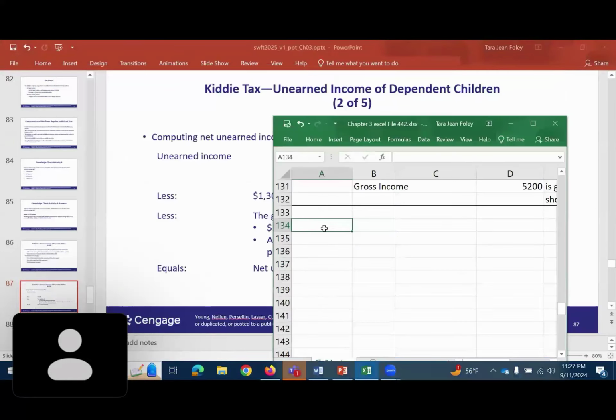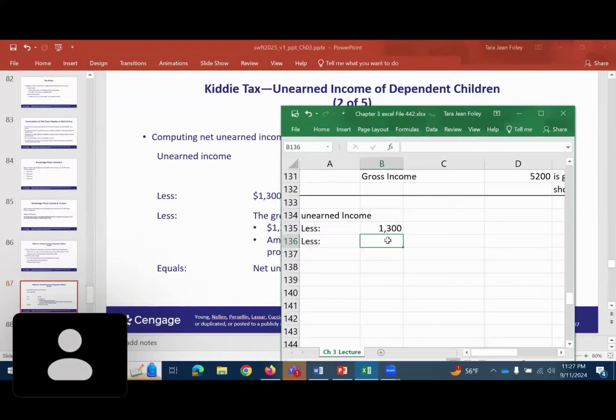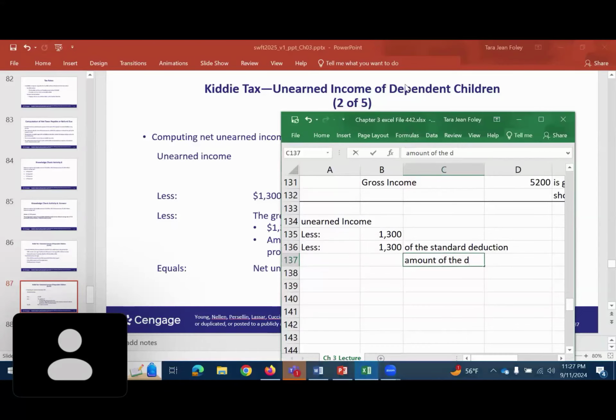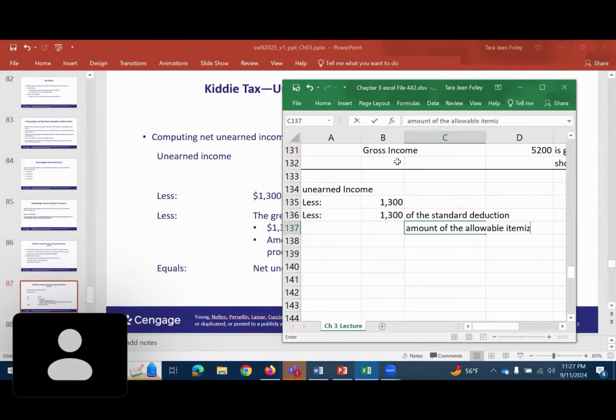All in one page. So you have your unearned income less $1,300, less $1,300 of the standard deduction and the amount of the allowable itemized deduction equals the net unearned income.